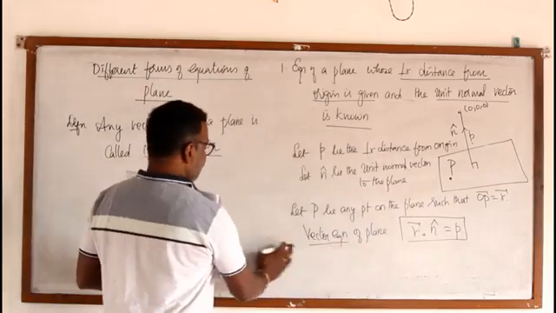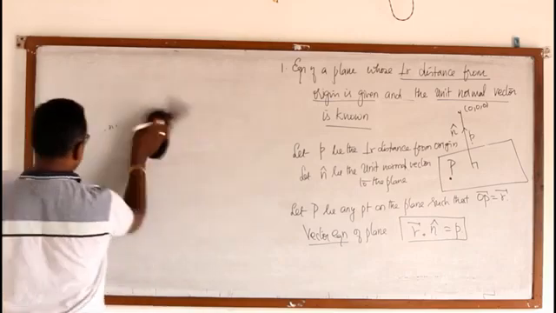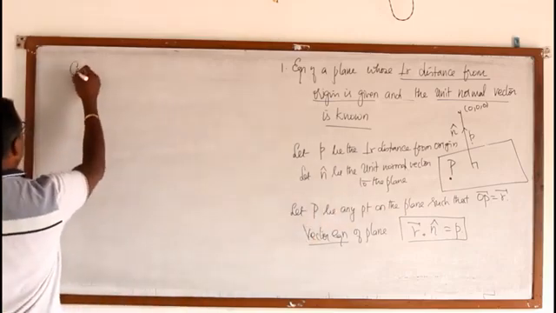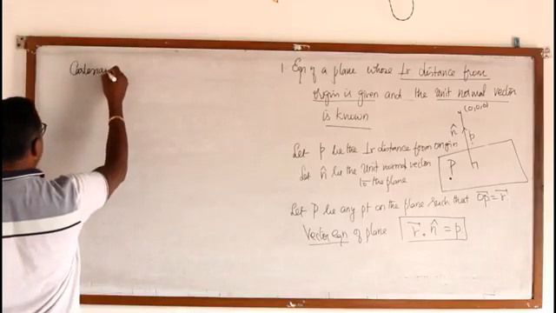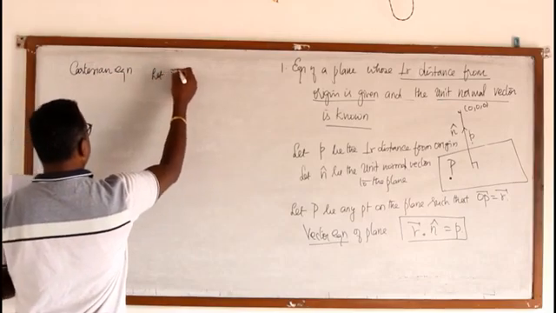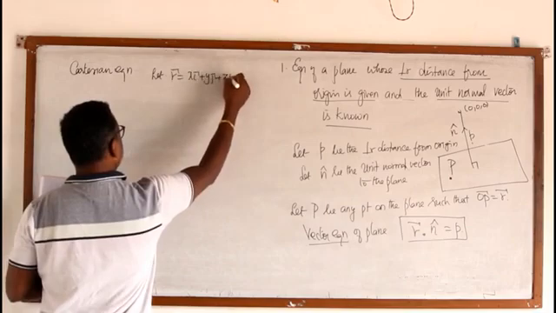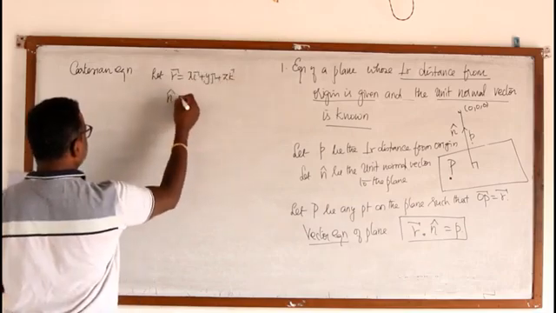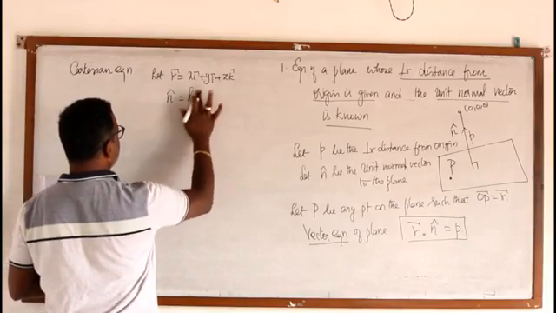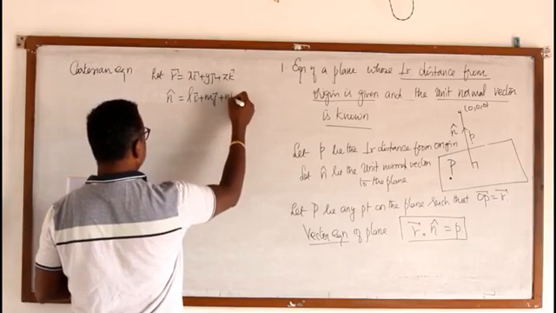Now, the Cartesian equation is, we are not proving, just taking the answer. Let r vector, as we always take, be xi plus yj plus zk, and n cap, being the unit normal vector, we take it as li plus mj plus nk.